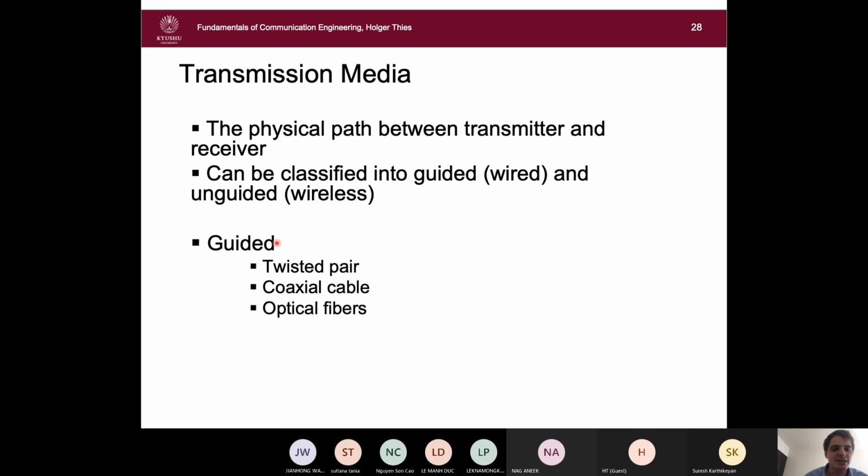We will look at those examples a little bit on the next slides. Examples of guided channels are wires. There are different types of wires. The important wires that are used in practice are twisted pair wires, coaxial cables, and optical fibers. For wireless communication, radio waves, microwaves, and infrared waves are used.